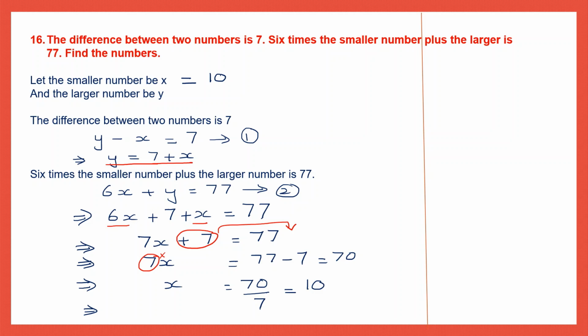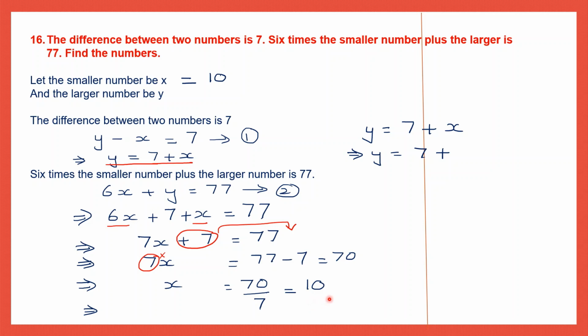Now we have to find the value of y, and we can use what we found in the first equation. We said y is equal to 7 plus x. So let's use that to find the value of y. That means y will be equal to 7 plus, what is the value of x?